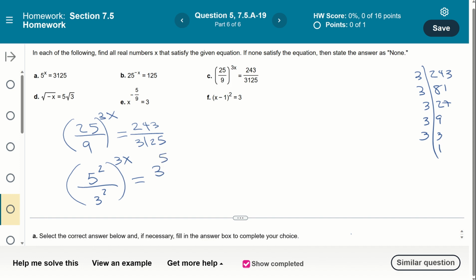And for 3125, we did that already, remember? 5 goes into it 625 times, 5 goes into that 125 times, 5 goes into 125 25 times, 5 goes into 25 5 times, and finally 5 goes into 5 1 time. So that's 5 to the power of 5.